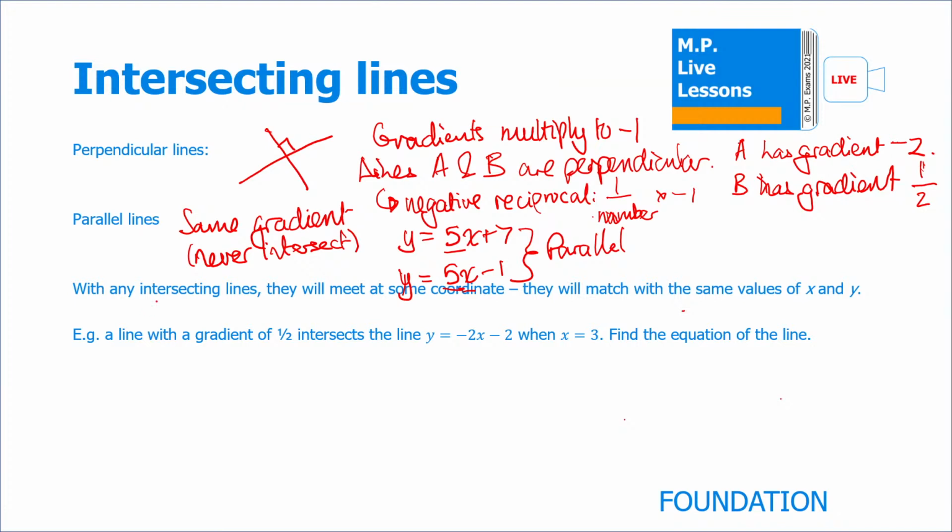So if we sketch this out a bit, we've got some sort of line like this. Then this intersects when x is 3. We're already given the x coordinate of the intersection.